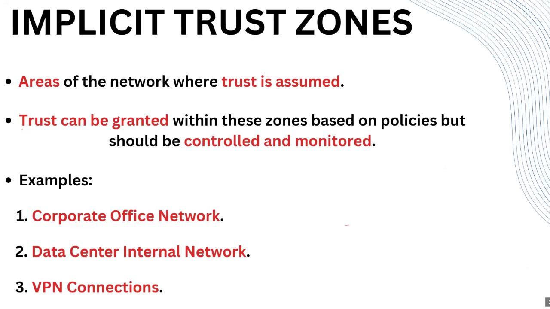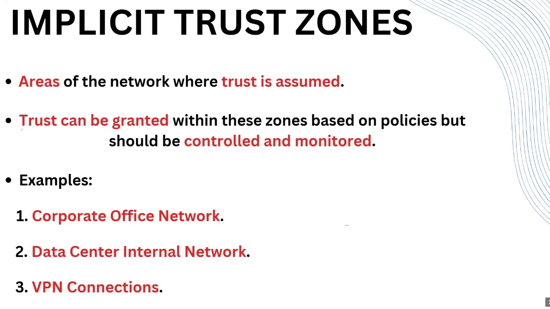If you're connected in the local network, we automatically assume that you're trusted, while if you're trying to connect from outside the network, you're not automatically verified. Exactly. So it's perimeter-based security. That's for the traditional networks, right? Because they mostly implement security on the perimeter, but they don't really care about what's going on inside the network.